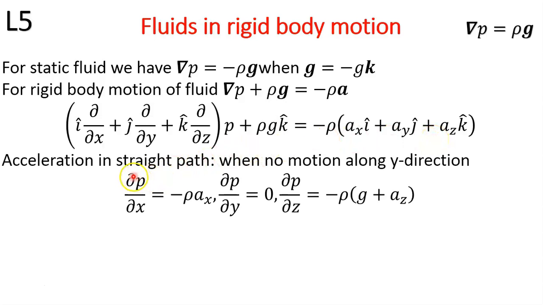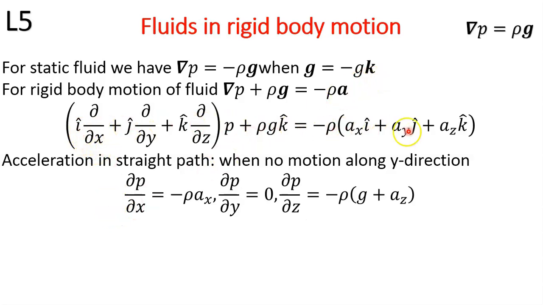Now, acceleration in a straight path we are going to consider, and for that we shall assume that there is no motion along the y direction. So acceleration is appearing in the x and z directions, and acceleration due to gravity is in the z direction, that is, k cap is involved in that.